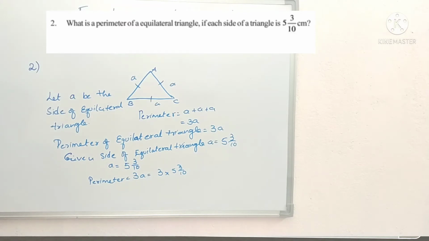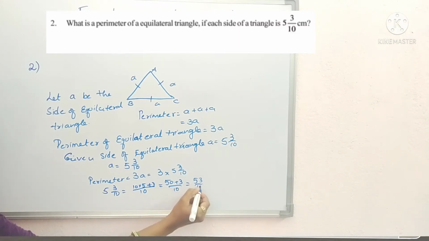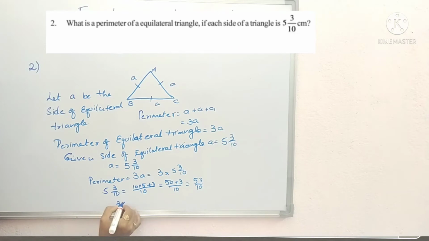That is 3 into 5 3 by 10. First we have to convert this into an improper fraction. So 5 3 by 10: in the denominator 10, so 10 into 5 plus 3. 10 fives are 50 plus 3 by 10. So that is 53 by 10. So 3 into 5 3 by 10 becomes 3 into 53 by 10.